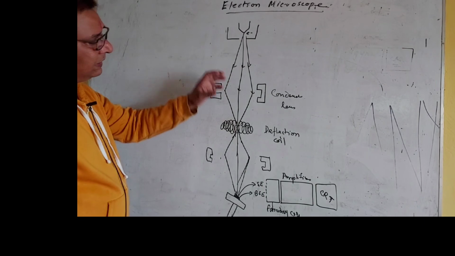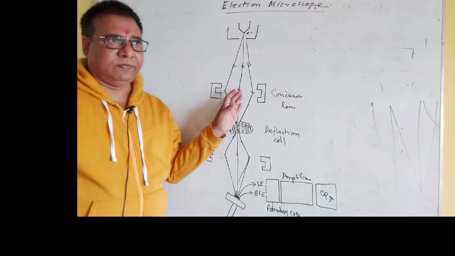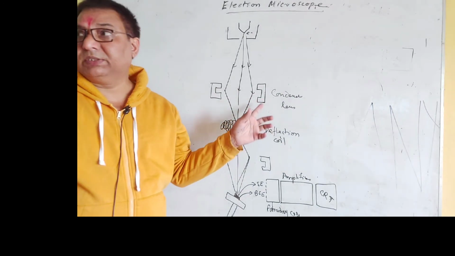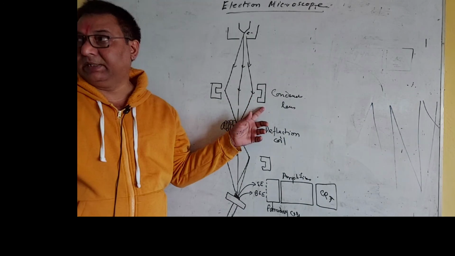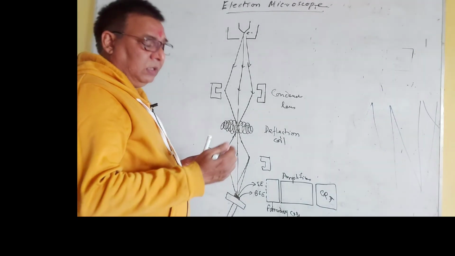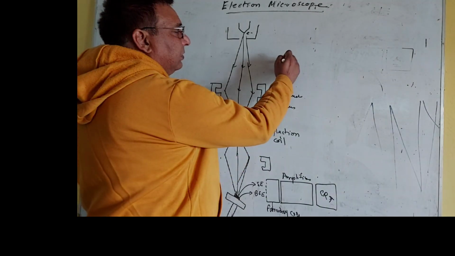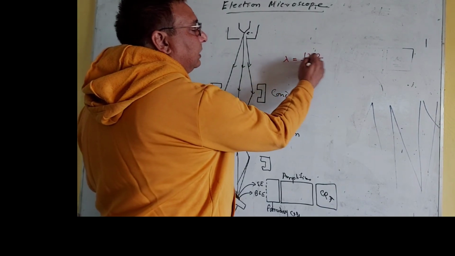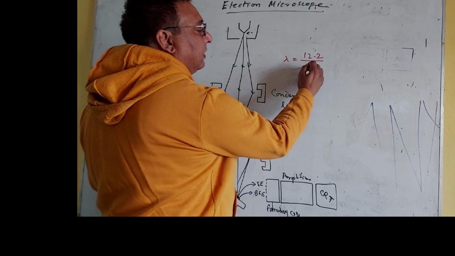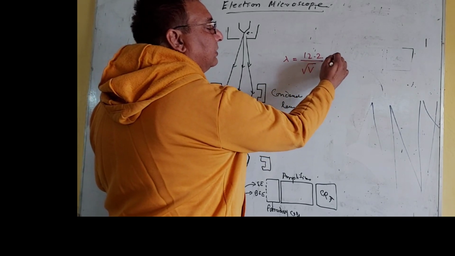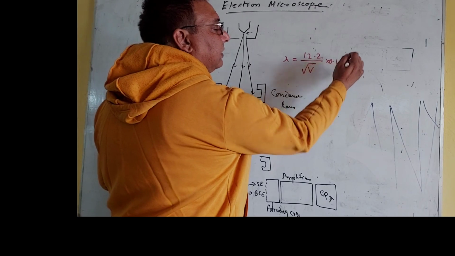How can you increase or decrease the wavelength? It depends on the current that you are passing or the voltage that you are applying to the electromagnetic lenses. That depends on a particular formula, that lambda is equal to 12.2 divided by the square root of voltage, into 0.1 nanometer.